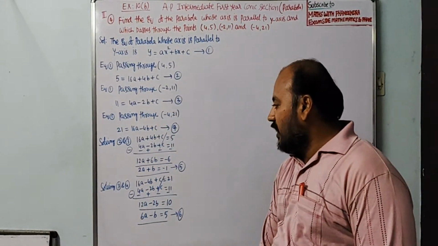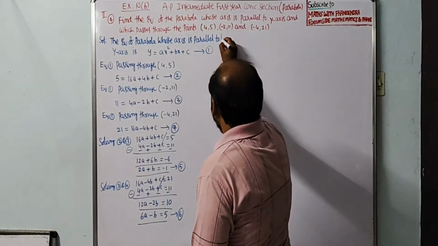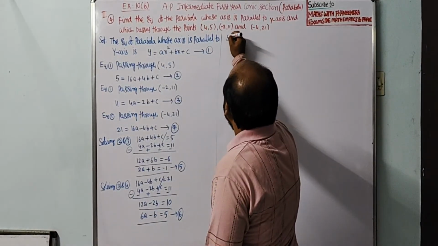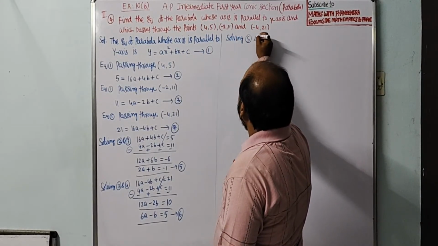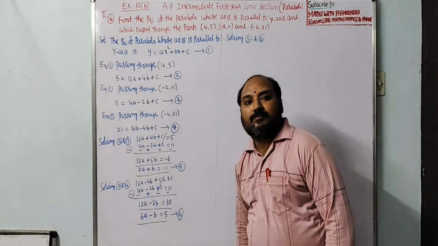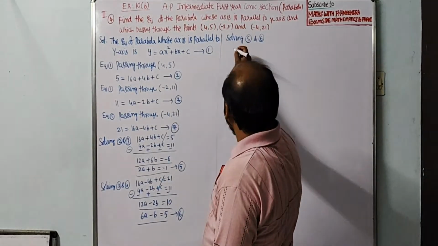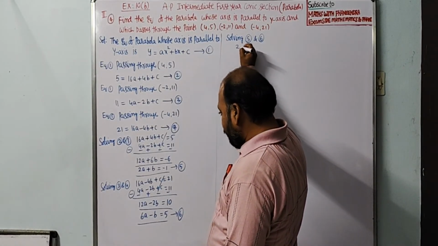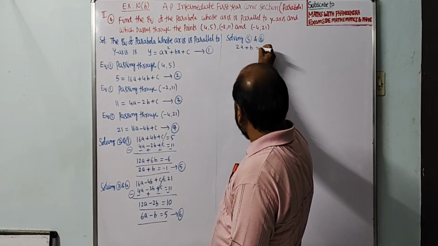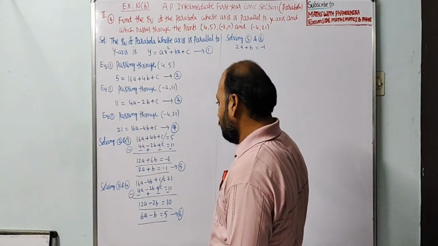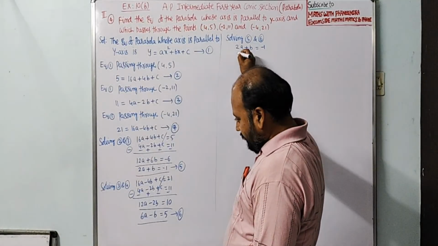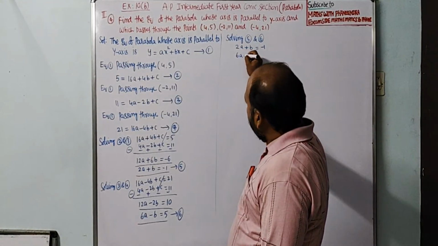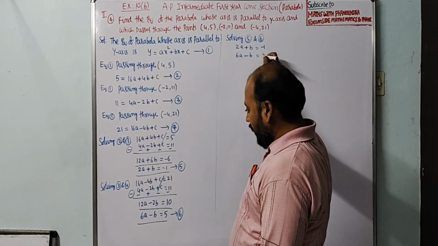Now solving 5 and 6. You just have to add both the equations. 2a plus b is equal to minus 1. 6a minus b equal to 5.